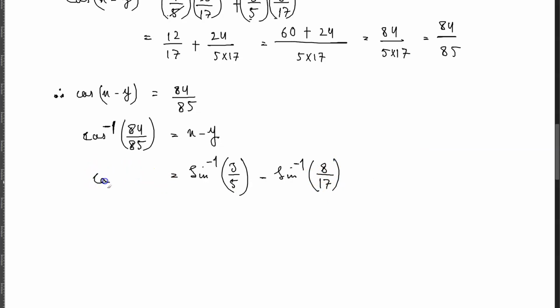And that is the cos inverse of 84 by 85. And hence, let's call it the identity. I'm not really sure if that's the good name, but identity is proved.